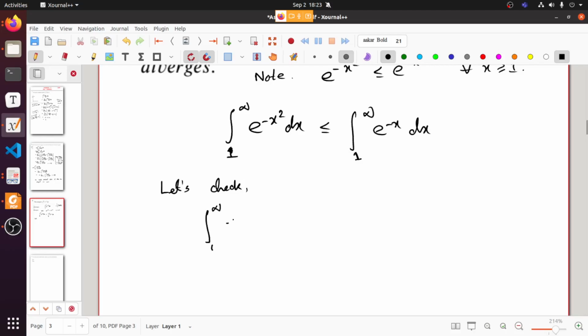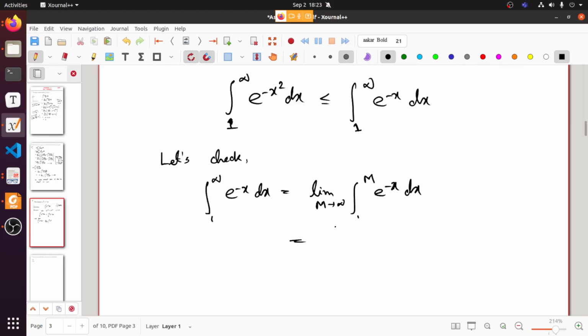Integral 1 to infinity e to the power minus x dx. So this is an improper integral. You can write it as limit m tends to infinity, integral 1 to m e to the power minus x dx, right? Now integrate it, because this is a Riemann integration in the interval 1 to m.